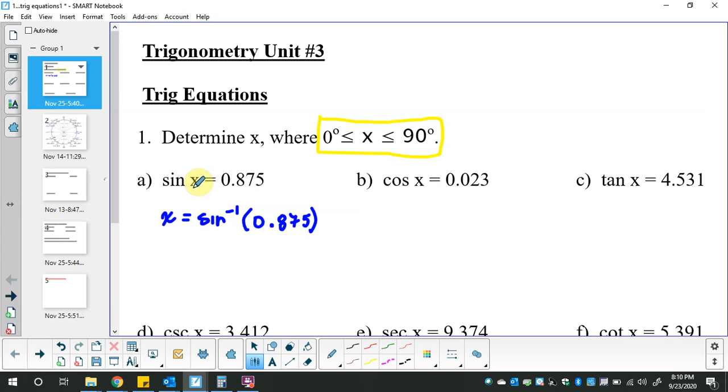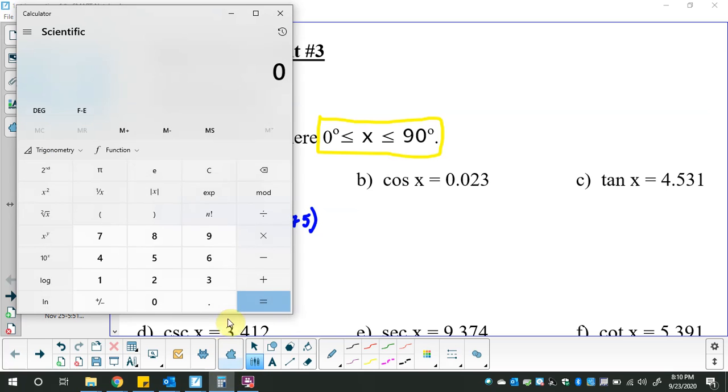So this is Jeopardy. So the way you do that, and it depends on your calculator, but you put in the 0.875, making sure that your calculator's on degrees, and then you hit second function to access this part of it, and you do sine inverse. And that takes us, let's go to 1 decimal place, 61.0 degrees.